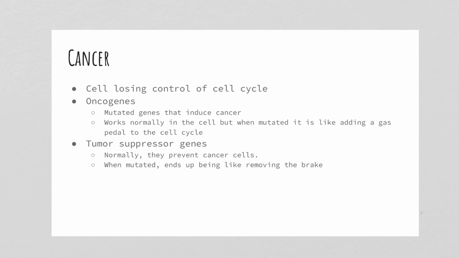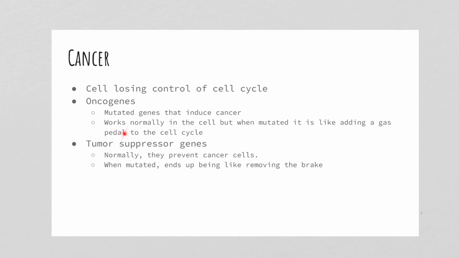You also have some other genes that are working really well right now called tumor suppressor genes. These genes, when they're working normally in your body, as the name implies, they suppress tumors. They're control mechanisms that turn off proteins to make sure you don't have the cell cycle go on when you don't want it to. So normally they prevent cancer cells from arising.